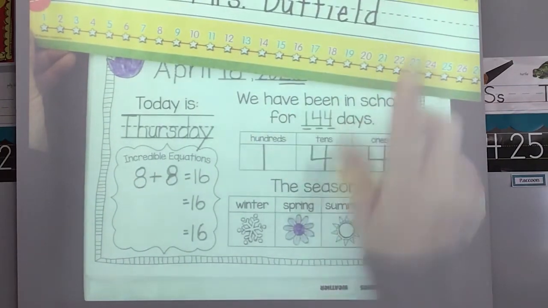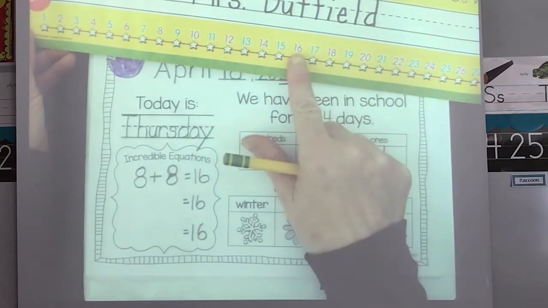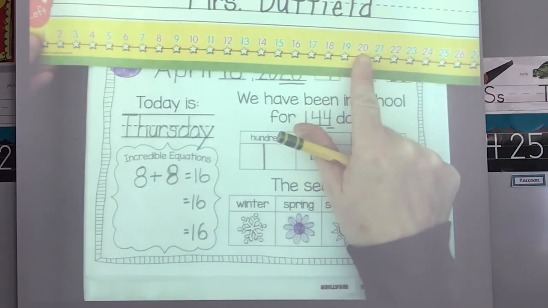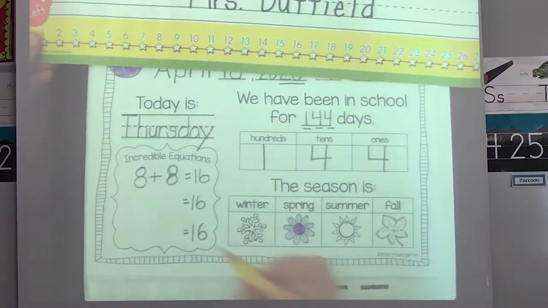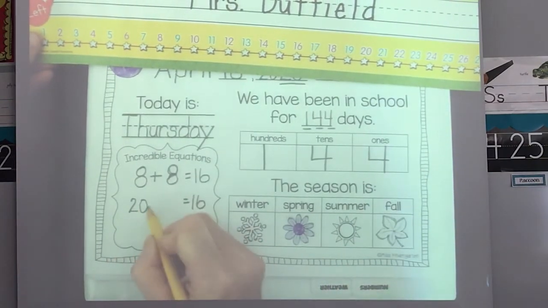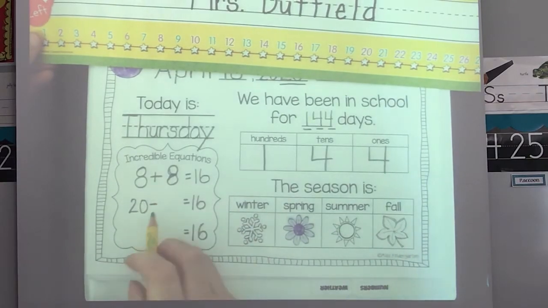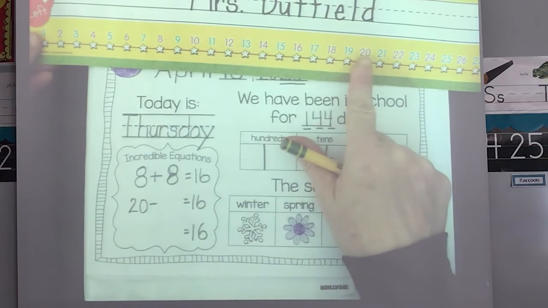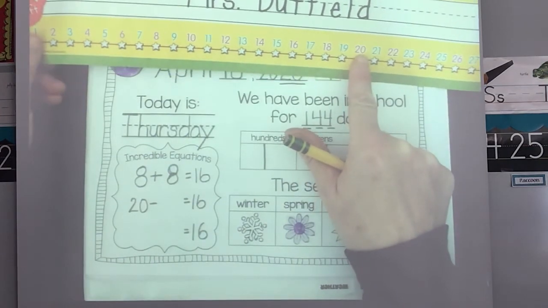Okay, so I'm going to start with a number bigger because I need it to equal 16 and I'm subtracting. So I'm going to start with 20. So I'm going to write 20. That's our year. So 20. And I'm minusing, so there's our symbol, taking away, subtracting. Okay, let's find out how many. Because I need to equal 16.